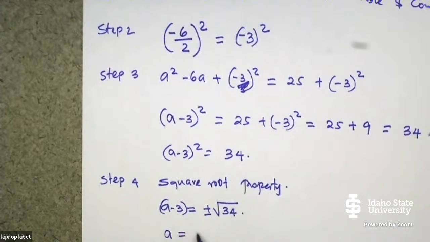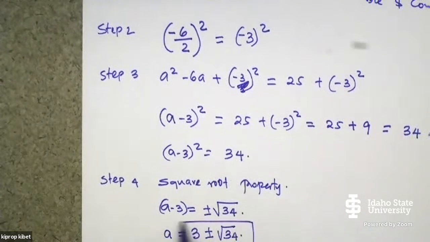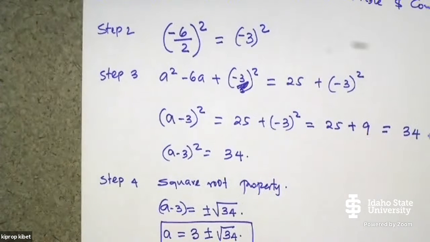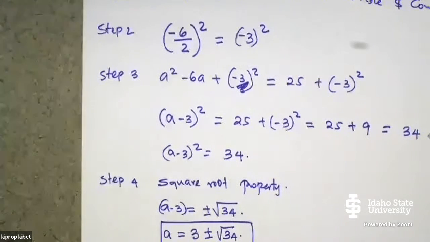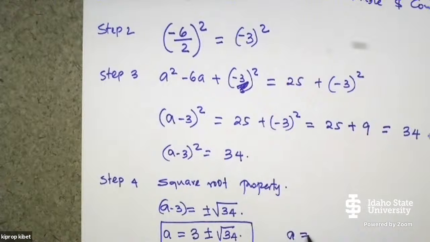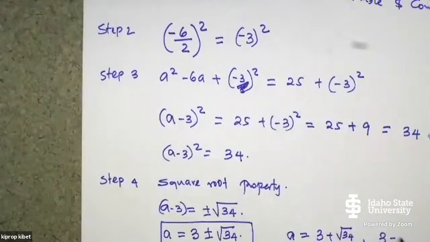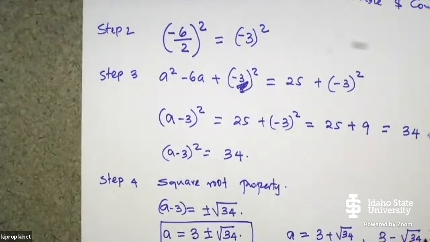So a equals 3 plus or minus the square root of 34. In your exam, you can leave it like that. But in Newton, you now do what? a equals 3 plus the root of 34, or 3 minus the root of 34.